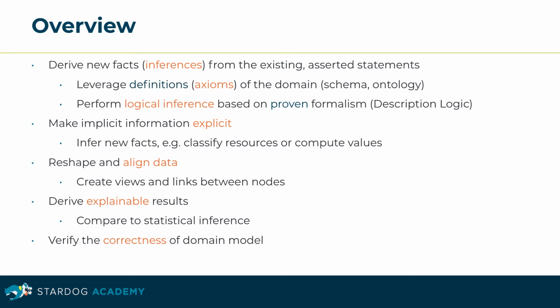Being based on well-defined rules, the results of logical reasoning could be proven and explained, unlike statistical inference, which models trained on bulk data are a black box. Last but not least, reasoning will verify the correctness of knowledge modeling and unveil potential inconsistencies.